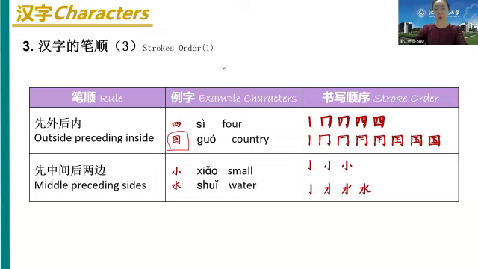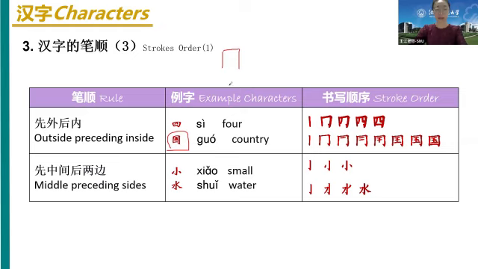Let's learn to write this Chinese character, 国. So, 国 is a country, right? When we write such a Chinese character, we should write it from outside. Outside, it looks like the wall of the country, right? So we build the city of the country, that is the wall.